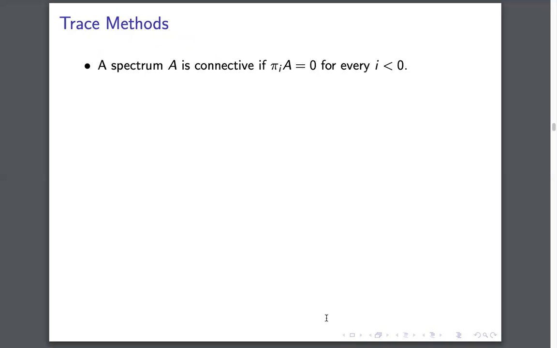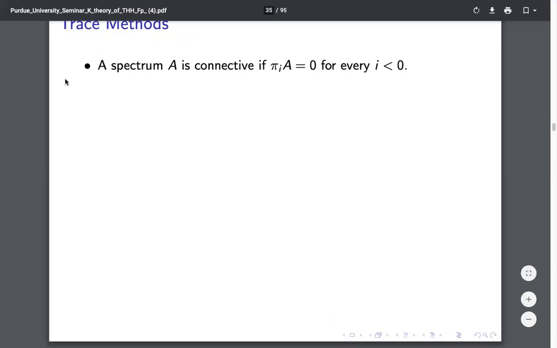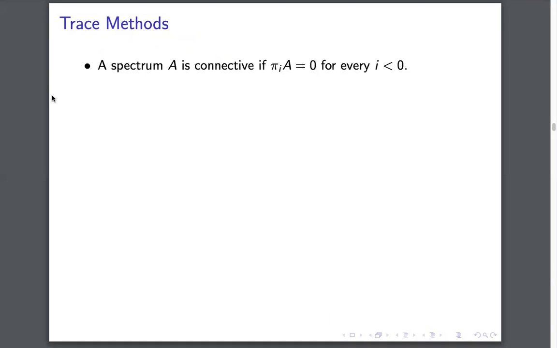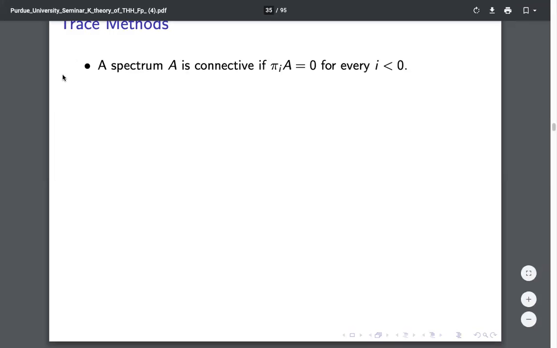It's called the trace methods. The word trace comes from the fact that, remember, the general linear group of the ring was involved in the definition of algebraic K-theory. So you can apply the trace map to that, and that's where the methods involve that trace map, at least classically. So that's where the word trace comes from.